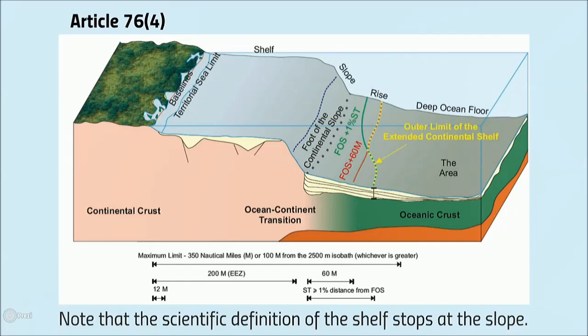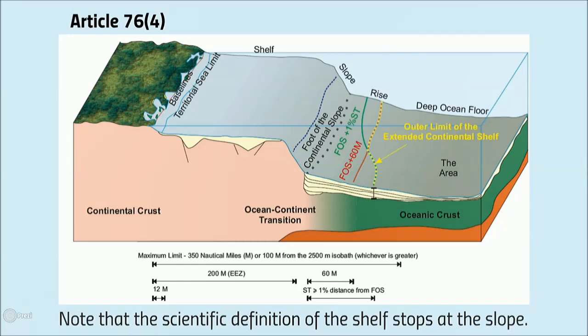You can draw a line based on the foot of the slope through to a point where the sedimentary thickness is equal to 1% of the maximum change in gradient. There's no need for you to memorize that for the purposes of this course. Just accept that one can draw a line joining up such points. It's marked in green as foot of slope plus 1% of sedimentary thickness.